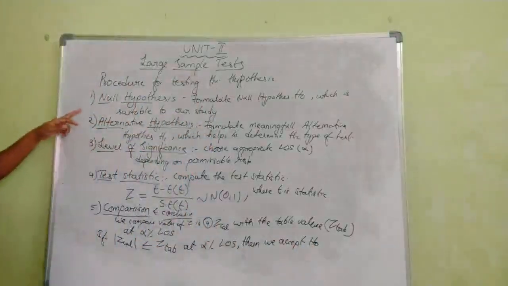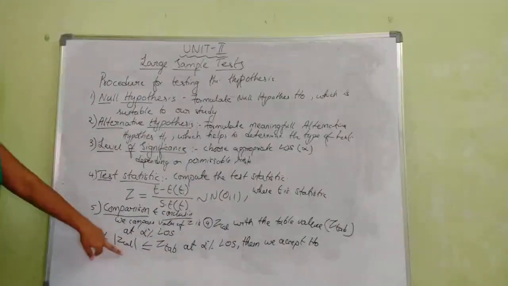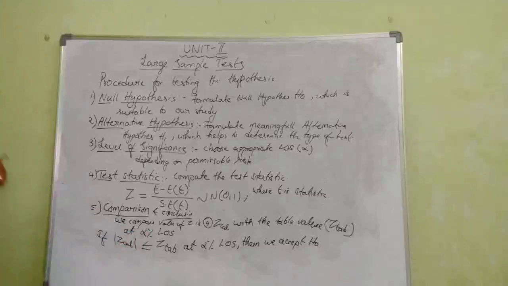Whatever assumption we make, we accept it only if the calculated value is less than or equal to the table value.